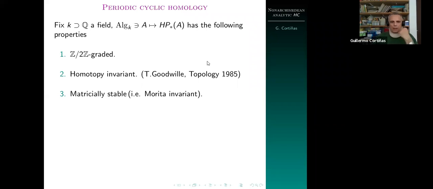And using excision, which is another of the properties that I will mention HP has, you can go further and prove more general Morita invariance results. So, for example, Joachim Cuntz has some paper about this.